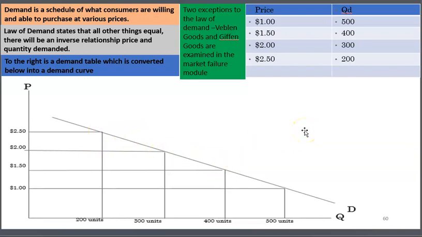When we say that the demand has increased, we are literally saying that the entire curve has moved to the right. If it's a movement along the curve, then we're talking about quantity demanded. That's the key distinction here between demand and quantity demanded. Move the entire curve, demand has shifted. Movement along the curve, quantity demanded has changed.